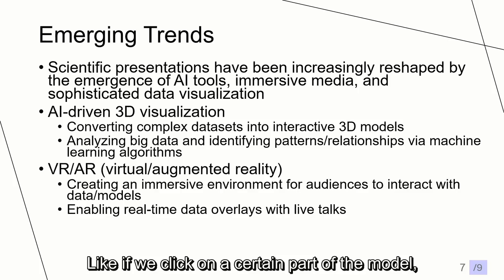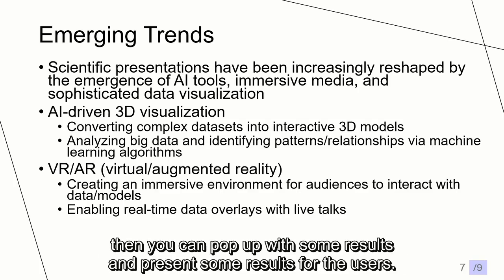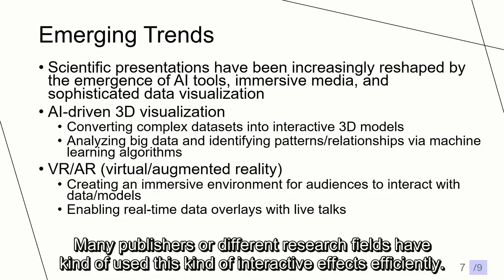Like if we click on a certain part of that model, then it can pop up and present some results for the users. Many publishers and different research fields have used this kind of interactive effect efficiently.